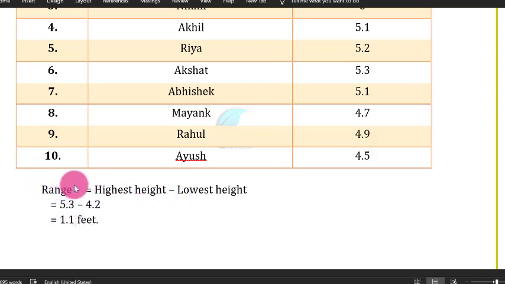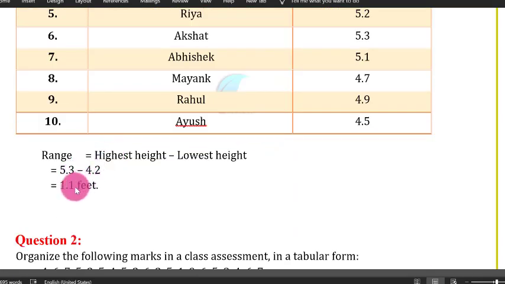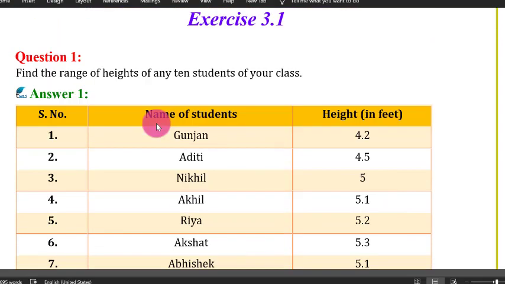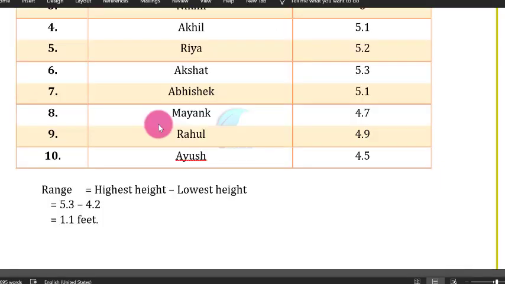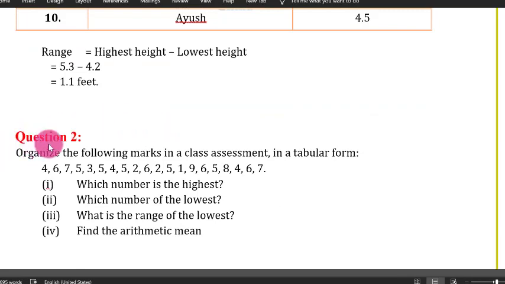So the range of the height is 1.1 feet. You should remember, to solve the first question, range is equal to highest height minus lowest height. Then it is easy to find the range using the given data. So we can move to question number 2.